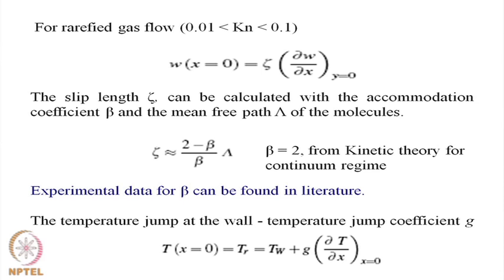Similar to the concept of slip length in fluid flow, there would be some sort of a temperature jump at the wall, and that is the wall temperature jump coefficient, denoted by G. So, the temperature at x equal to 0, that means the temperature at the interface, if we call that Tr, is not going to be equal to Tw, but another quantity is going to be added to it, with G as the parameter and the temperature gradient at the wall being the other factor.